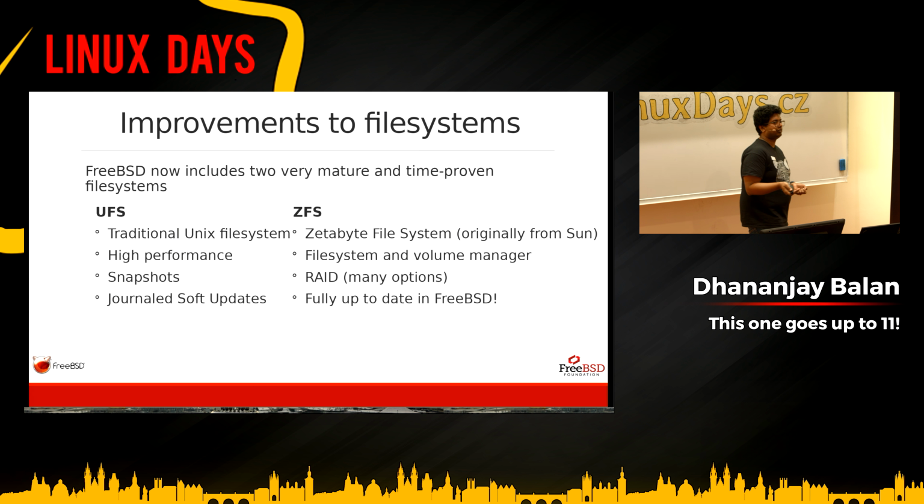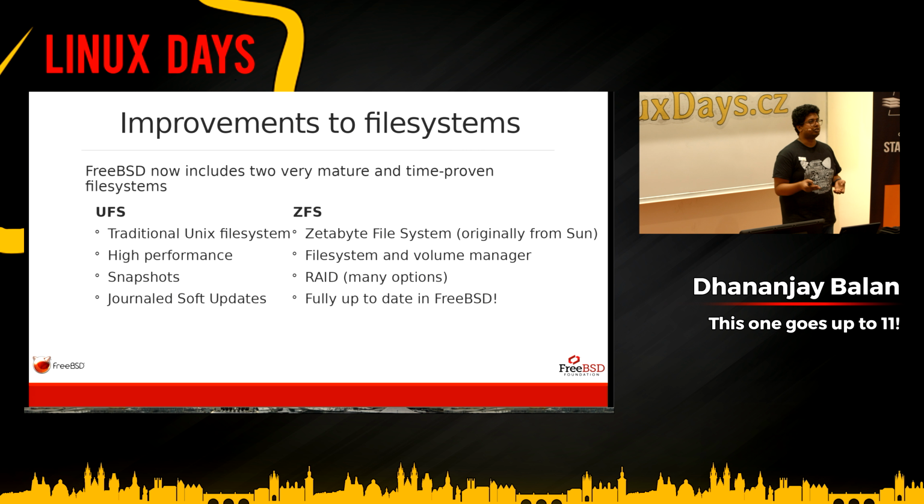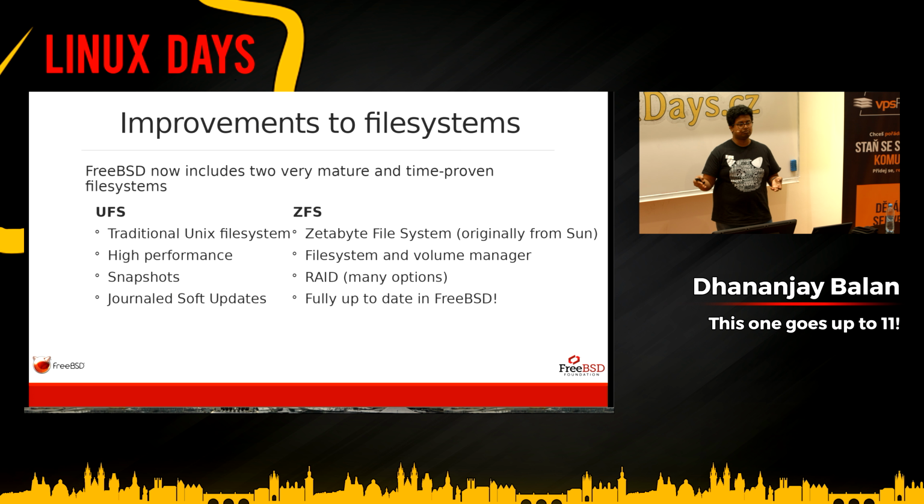Say you snapshot your file system on Monday, and then you change your file A to do something on Tuesday. The only extra space you would spend is the changes in A.